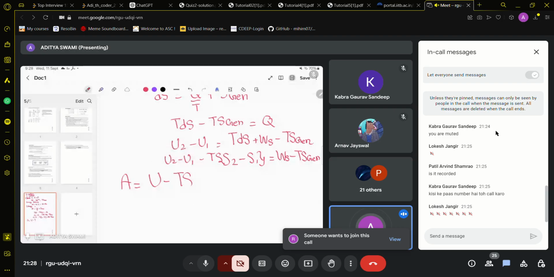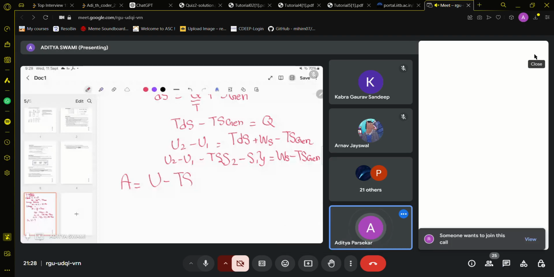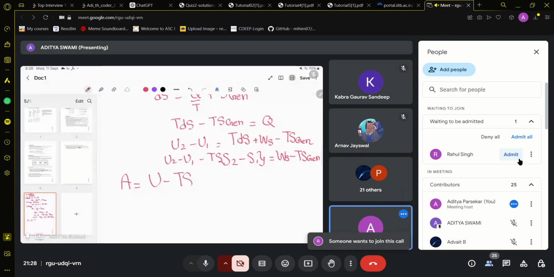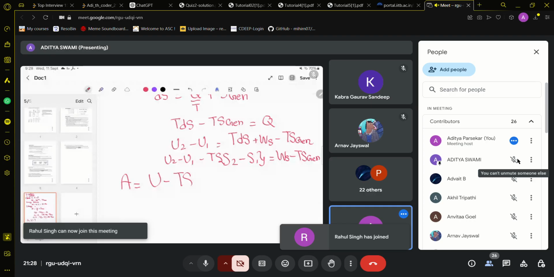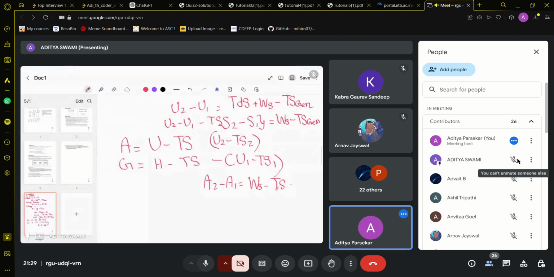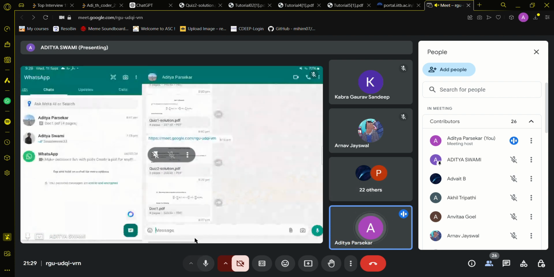Give me 1 second, there's some issue with the tab. I think the screen looks frozen right now.